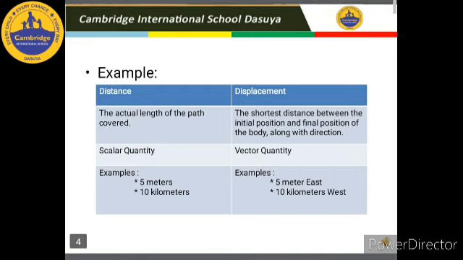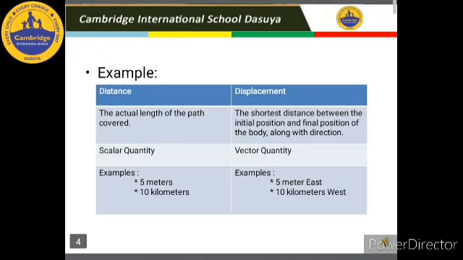So, we can say that distance is a scalar quantity, whereas displacement is the shortest distance, and as I told you, it is always going to be the straight one, so it has a particular direction. That is why we can say that displacement is a vector quantity. Example of distance, if you just say 5 meters or 10 kilometers.